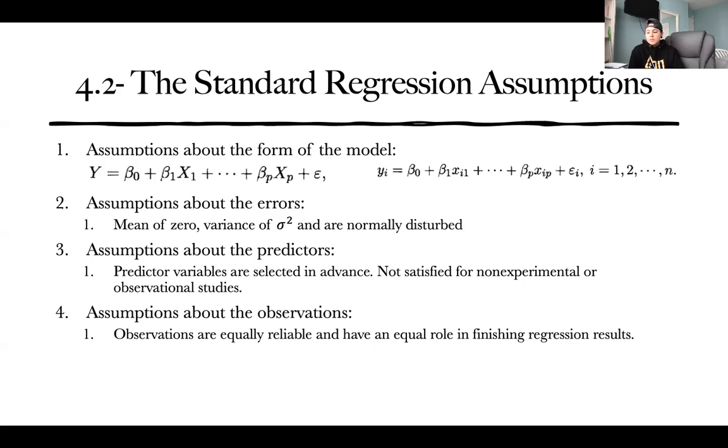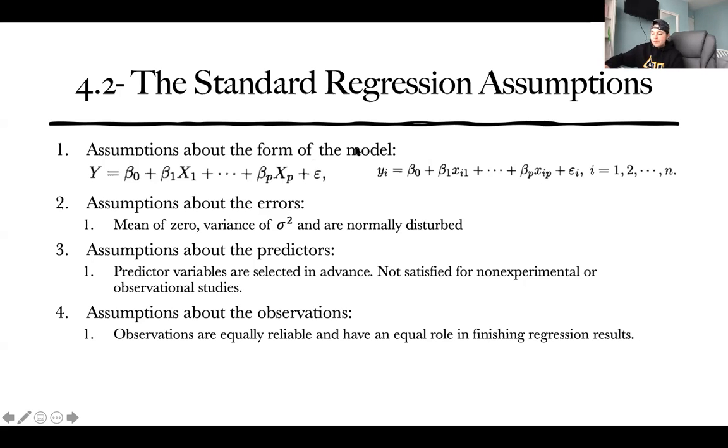These are assumed to be linear regression with the parameters beta sub 0 all the way up to beta sub p, with the equation y equals beta sub 0 plus beta sub 1 times x sub 1, all the way up to beta sub p times x sub p plus epsilon.